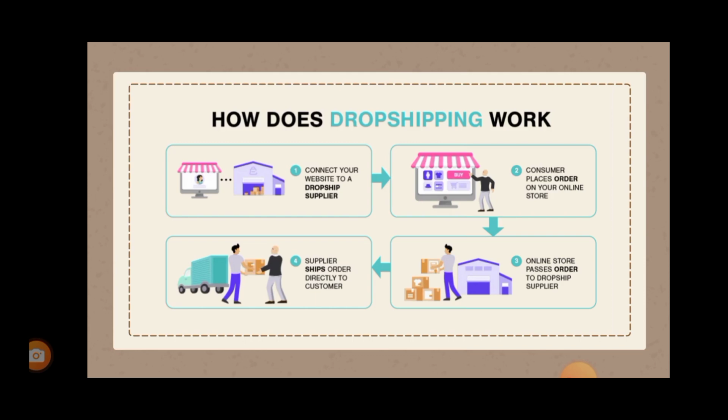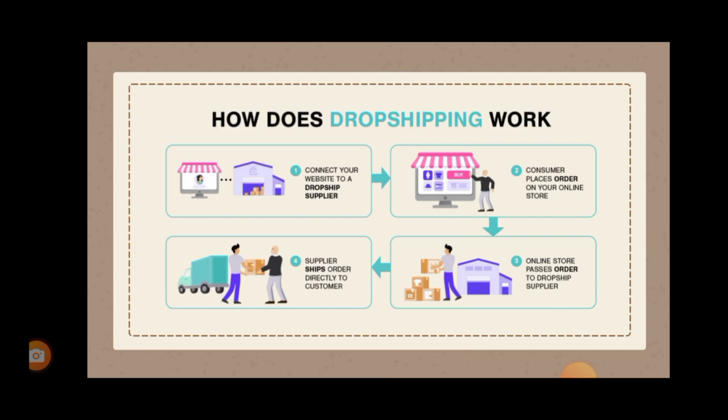When the consumer is done ordering to your online store, then the online store passes the order to the dropship supplier, and then the dropship supplier will directly ship the products and services to the customer.